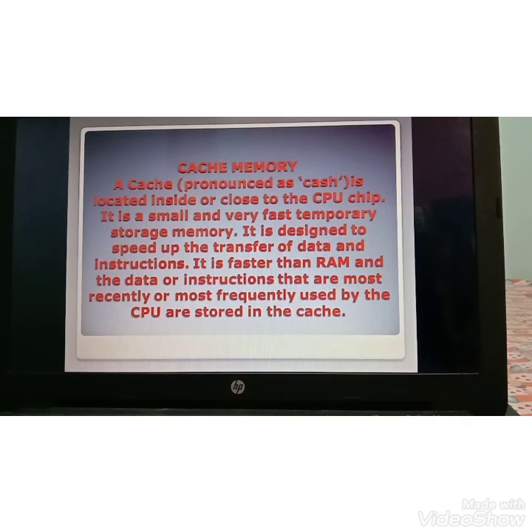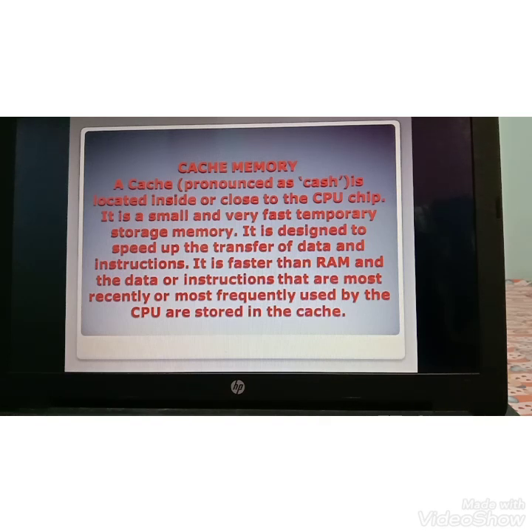Next, cache memory. A cache, pronounced cash, is located inside or close to the CPU chip. It is a small and very fast temporary storage memory. It is not permanent, remember. It is designed to speed up the transfer of data and instructions.